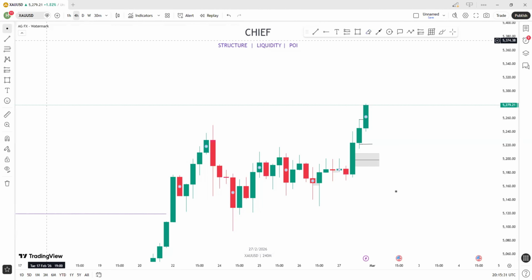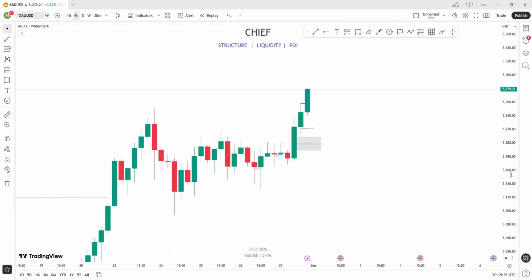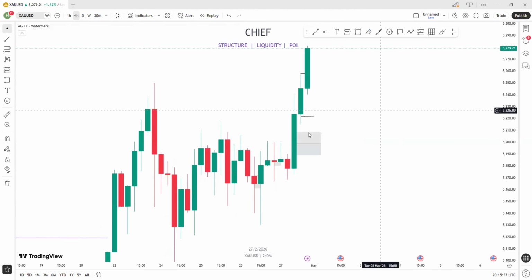All right. So this 4 hours FVG is what I will expect market to retrace back into. And also, if you are a breakout and retest trader, you still have your entry here. You get that? So you still have your entry here.